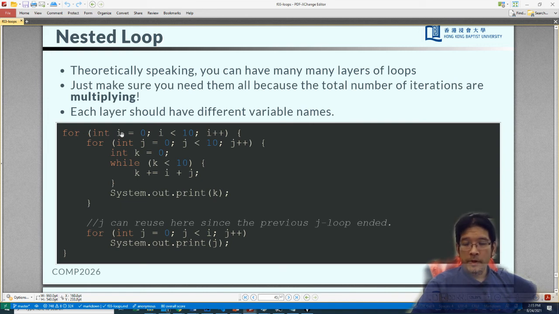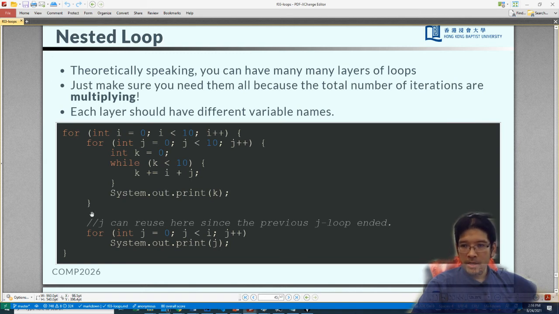So in the outer loop, we use I as our layer, J here, and K inside the inner loop. Now after this J loop has finished, J has already finished its purpose. We can reuse J in another loop which is parallel to the J loop. This J is not visible outside this for.